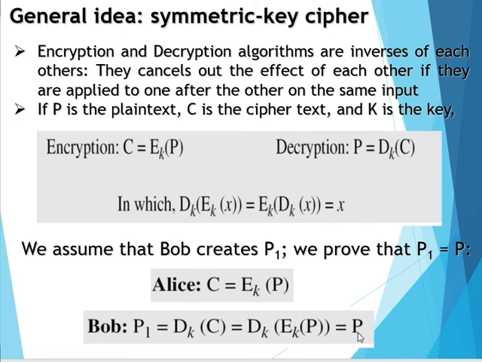Also, we can say that encryption can be thought of as locking the message in a box. Decryption can be thought of as unlocking the box. In symmetric key encipherment, the same key locks and unlocks, as shown in the previous figure.